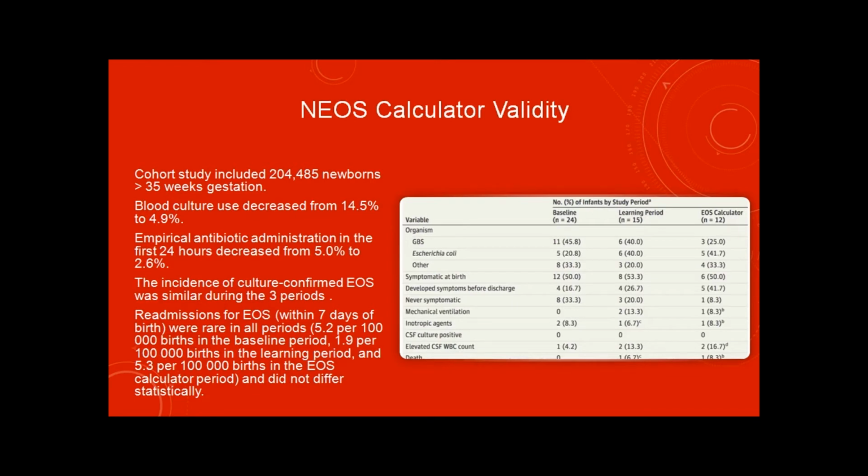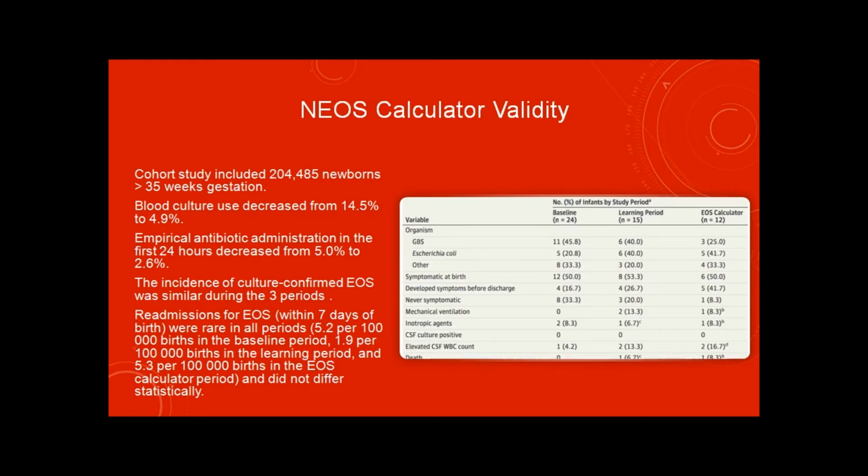So basically, for the validity of the calculator, they had a cohort of 205,000 babies. Their blood culture use decreased from 14.5 to 4.9%. Empiric antibiotic use decreased from 5 to 2.6%.